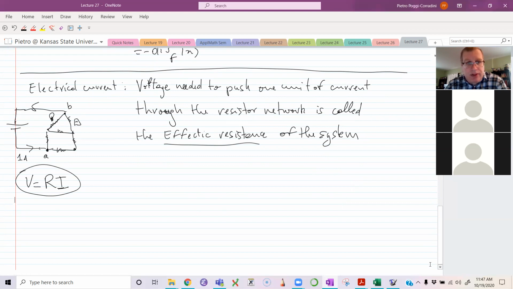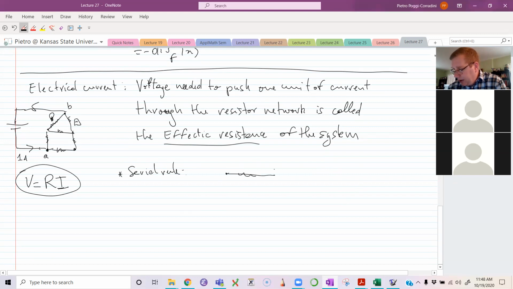Of course, again, if you've taken high school physics, you know that certain graphs are easy to reduce, right? Like you have the serial rule, for instance, which says that if your network consists of two resistors in series, then you can replace that with just one that has the sum of the resistances.